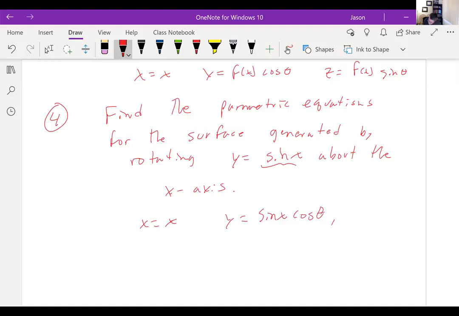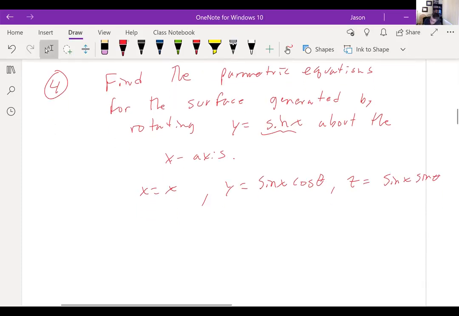And z is equal to sine x sine theta, where x has a restriction of 0 to 2 pi, and theta also has the same restriction.